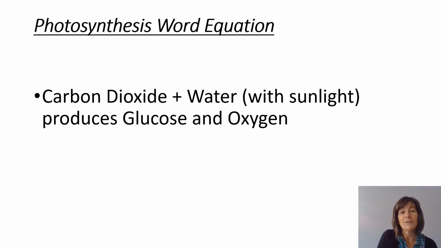Another example of a child misunderstanding an instruction is illustrated in this story, which happened in a biology lesson in a secondary school. The biology teacher was trying to teach the class about photosynthesis, and she put up on the board this word equation: carbon dioxide plus water with sunlight produces glucose and oxygen.